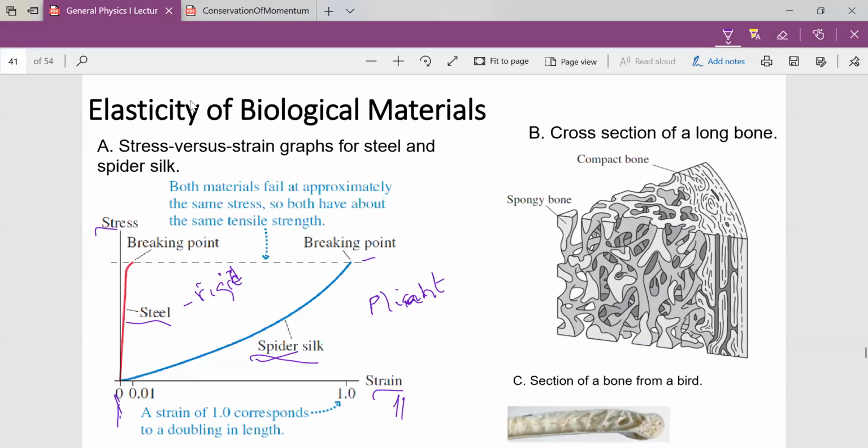Remember, your strain is the ratio of change over the original length, but both materials will fail at about the same time to show that they have about the same tensile strength. Now, that is comparing biological material and the rigid body.